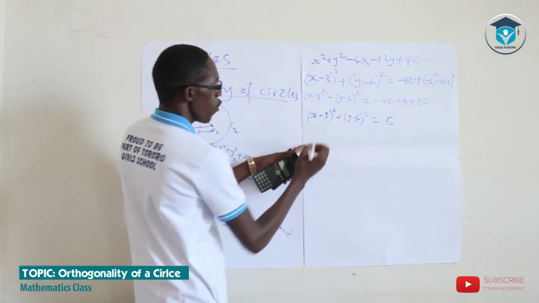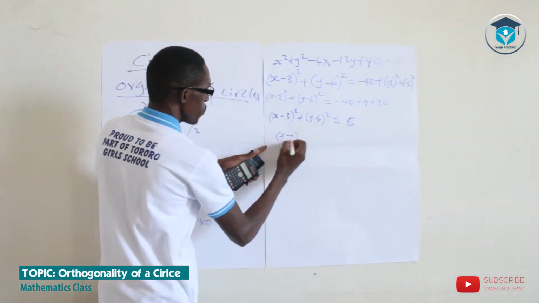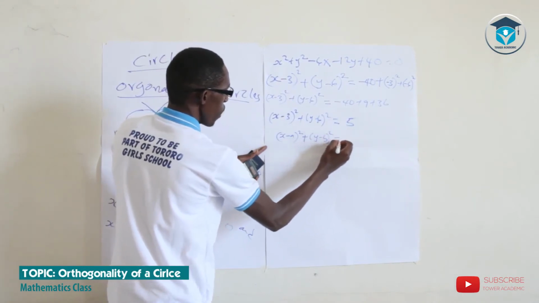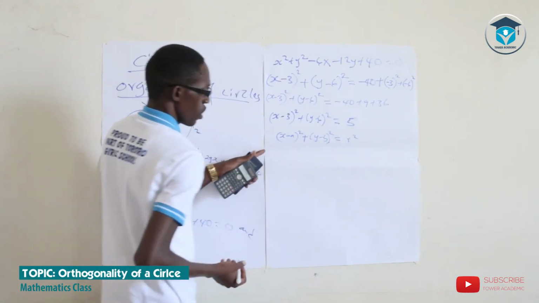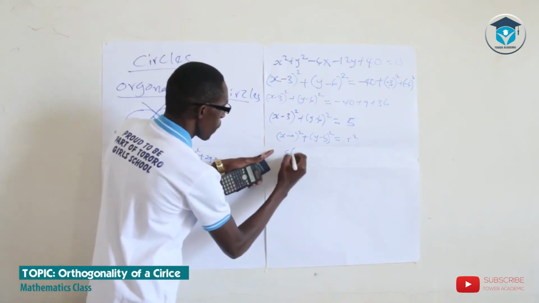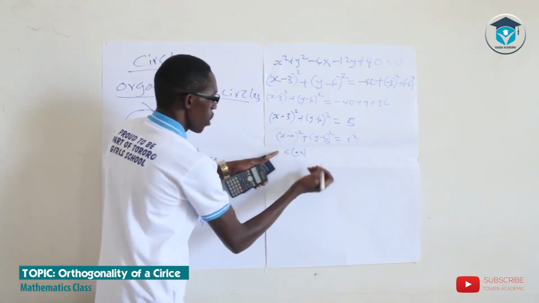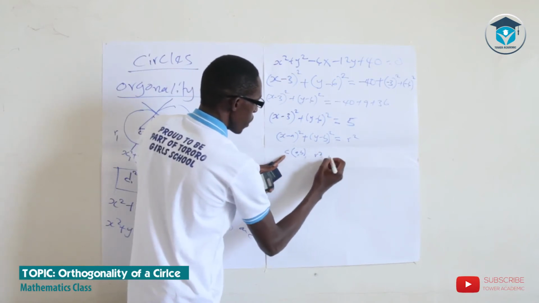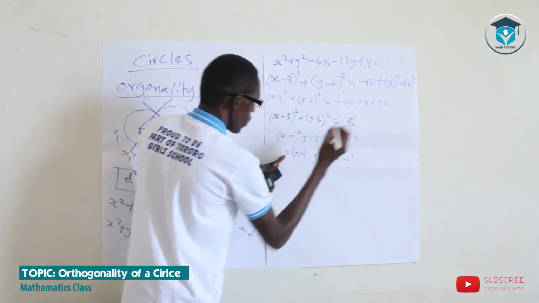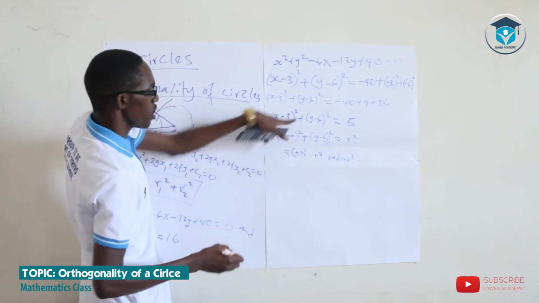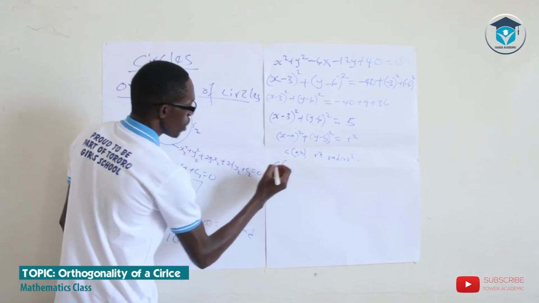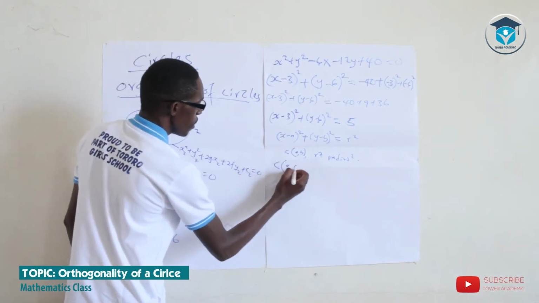And this is already in the form (x − a)² + (y − b)² = r², implying that our center becomes (a, b) and our r² is the radius squared. So we compare, and for this circle, its center is going to be (3, 6).